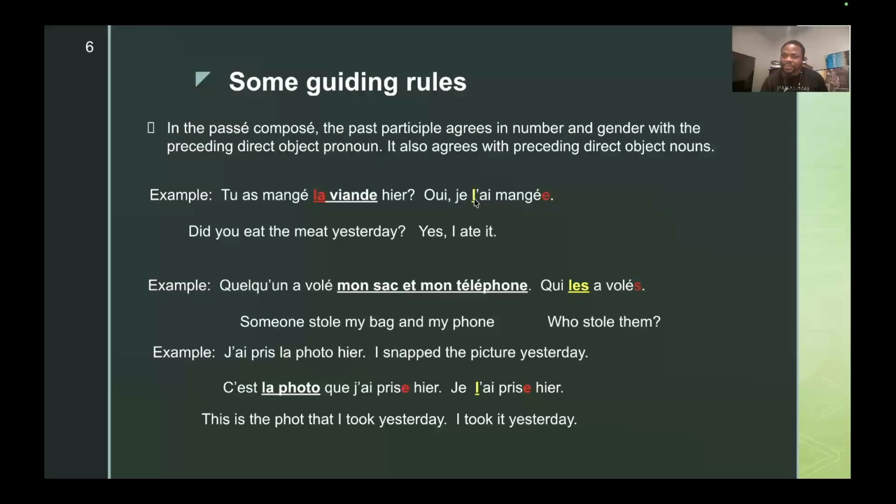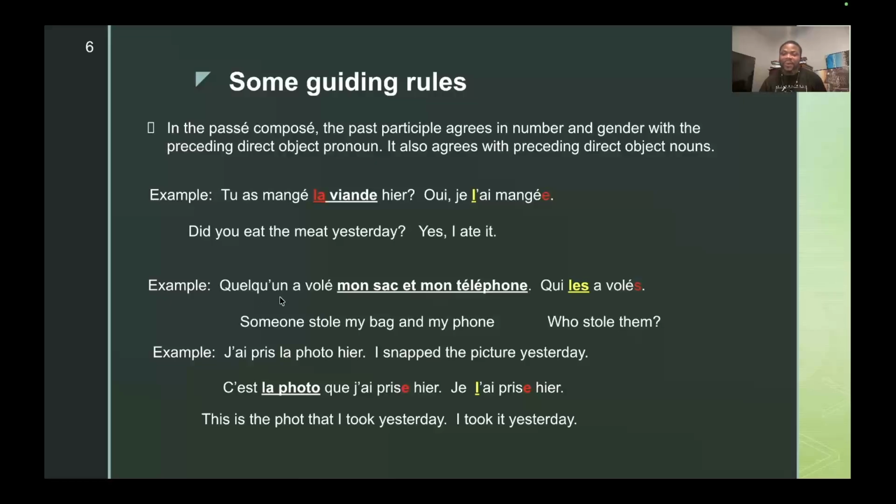L apostrophe here replaces la viande, which is feminine, and it is right there looking at us. For that reason, it takes effect on the past participle, which allows it to take an e. D'accord? That's why it has an e. We know what it's replacing. Did you eat the meat yesterday? Yes, I ate it. Okay?